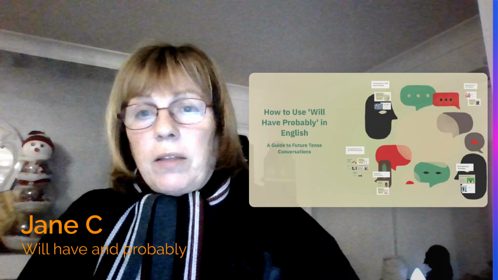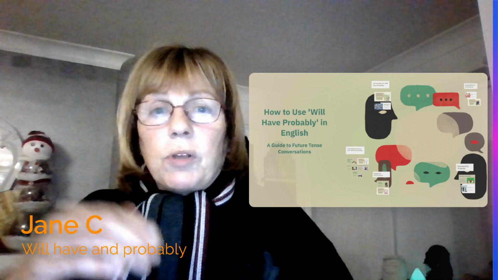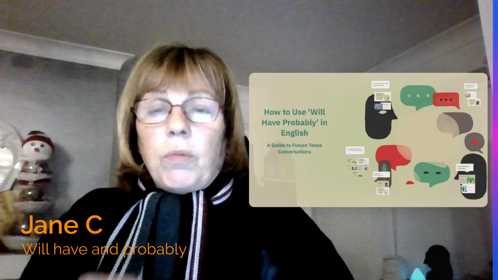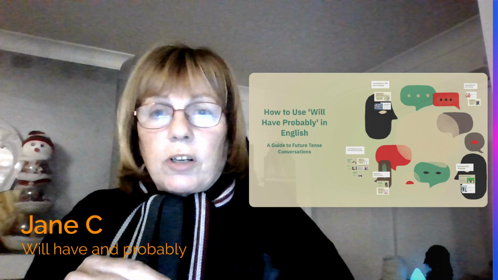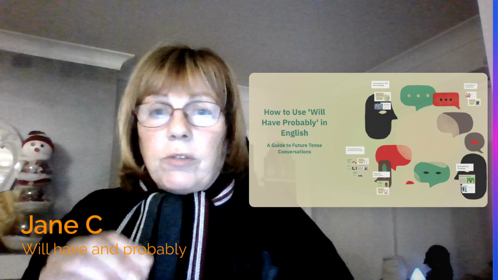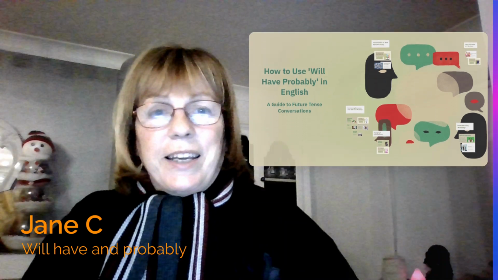Well, to begin with, you need to be thinking about your English in terms of looking at future tense. And in this video, we'll look at how the sentence structure is made for English and how to use future tense with will have and probably.